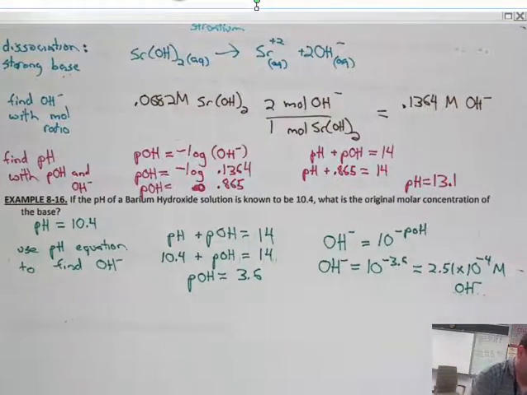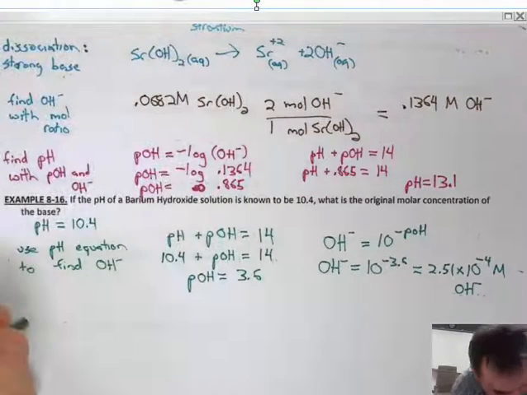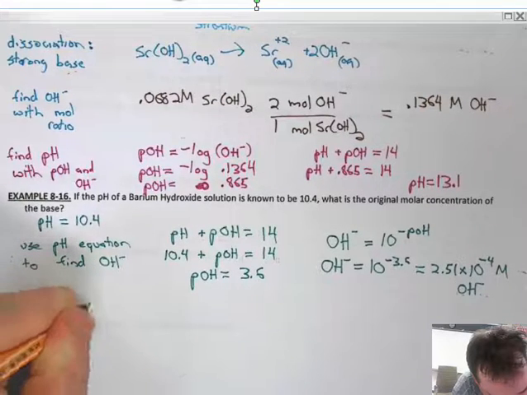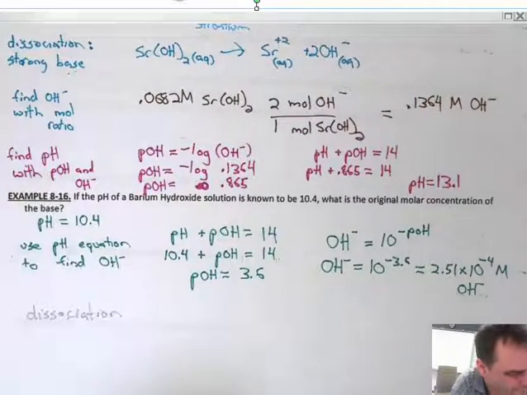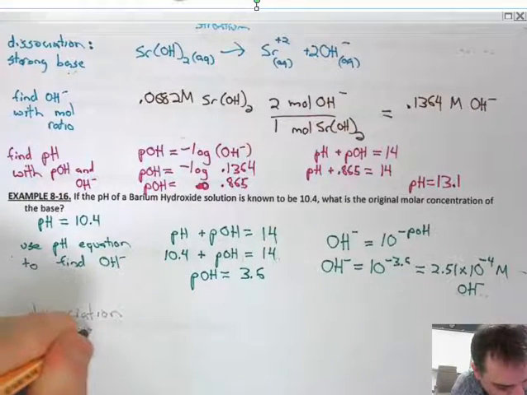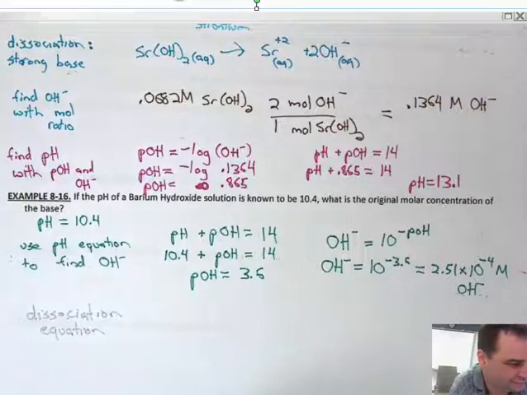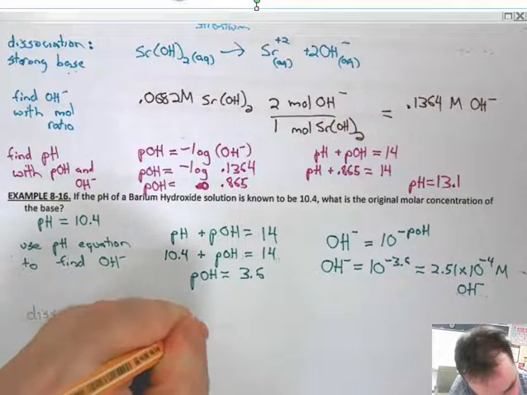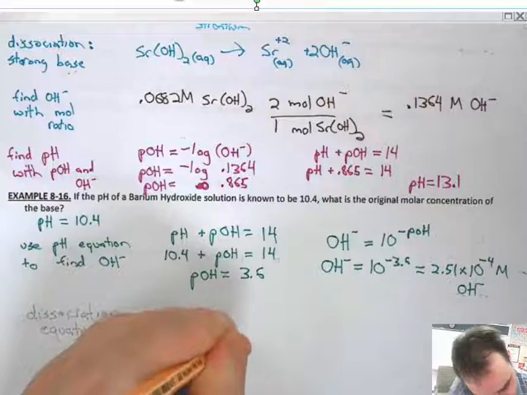Okay? Next thing we need on this one here is we need a dissociation equation. Okay. We are starting off with barium hydroxide, which is aqueous.